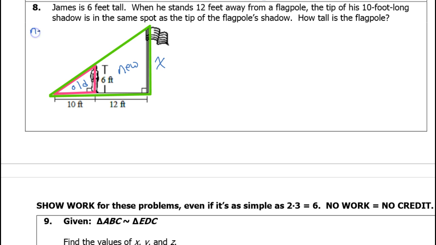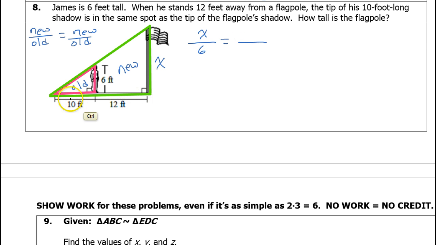So keep that in mind when I set up my proportions by doing new over old equals new over old. So looking at my corresponding sides here, the x and the 6 are corresponding sides of the triangles. So new over old gives me x over 6.